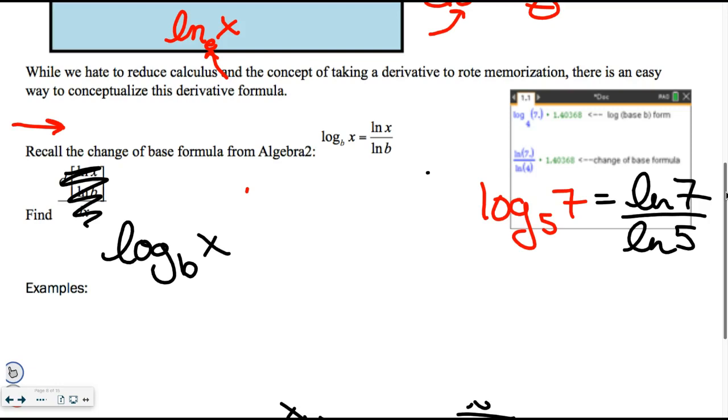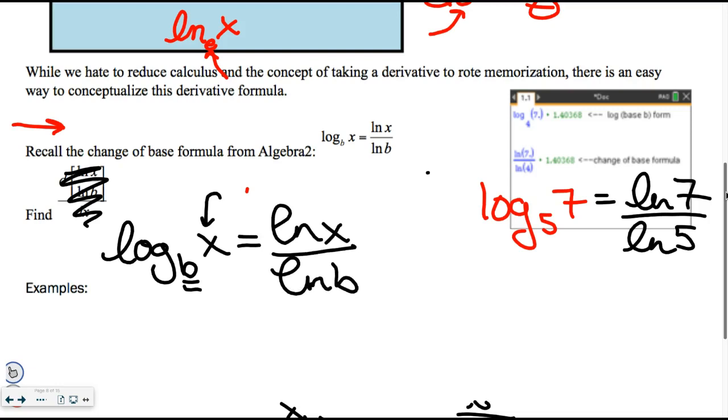Are you with me? x is the variable of change, b is some constant that's the base. So it might be log base 2 of x. It'll be ln of x over ln b. That's where this is coming from.